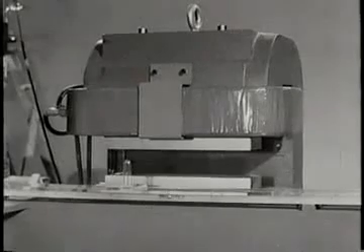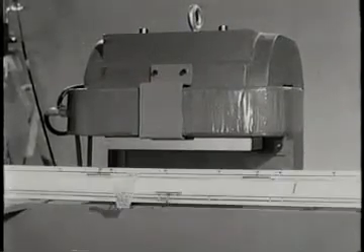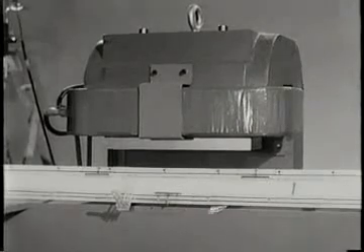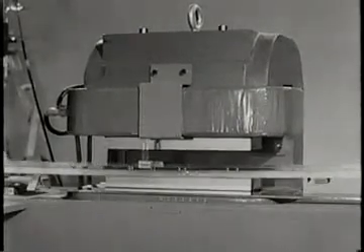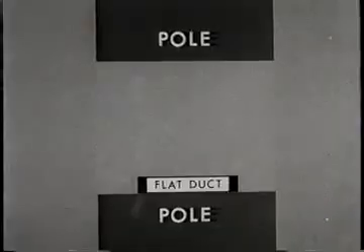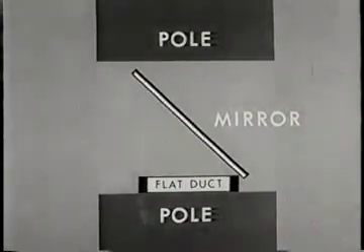In order to see how the fluid moves internally, we use this flat duct in which we'll put a transparent electrolyte. The duct goes in a magnet that provides a uniform vertical field. Here is a cross-section of the apparatus. This inclined mirror enables us to view the fluid in the direction of the field lines.